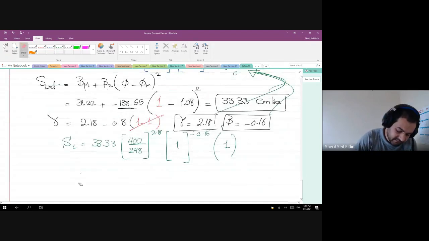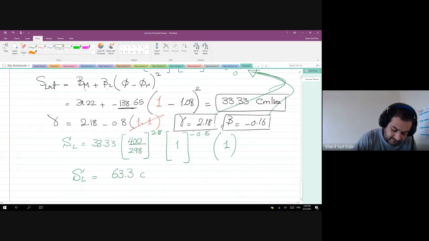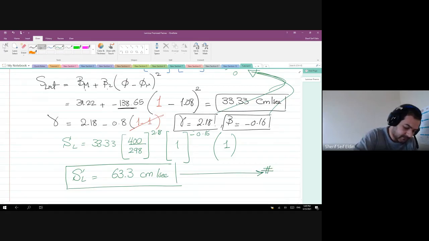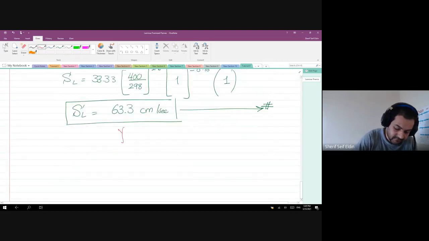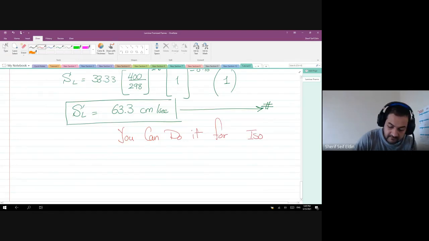So the laminar flame speed is 63.3 centimeters per second. Right, I think you can do it. It's very, very straightforward. You can do it for isooctane.